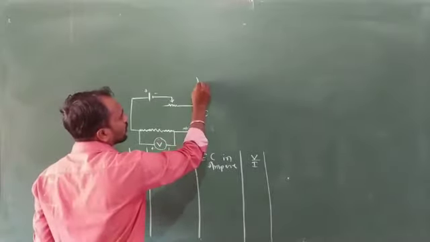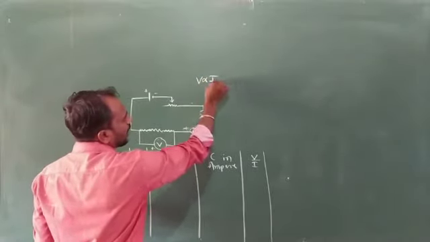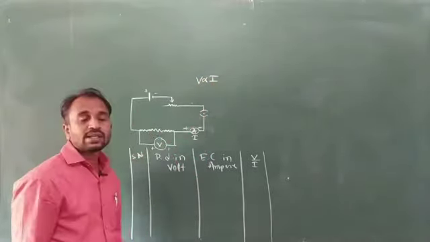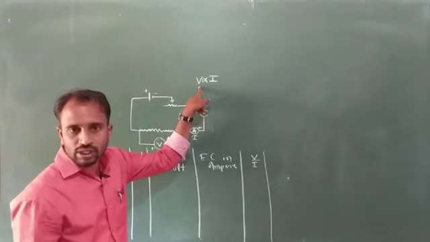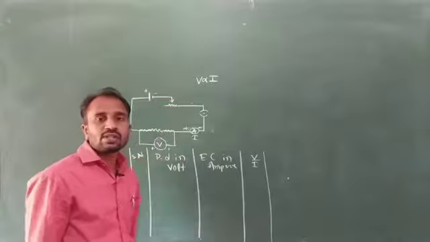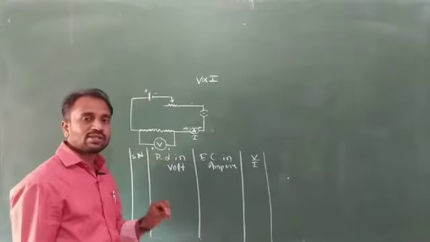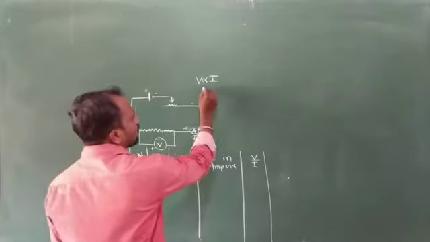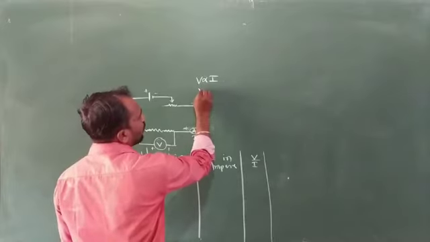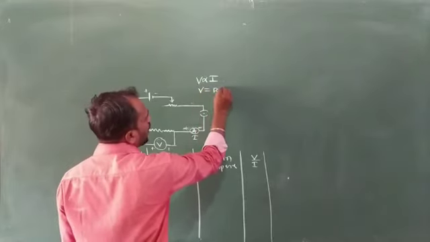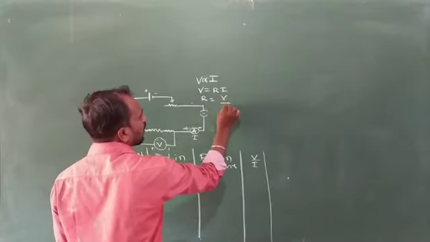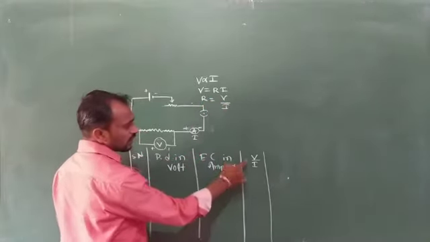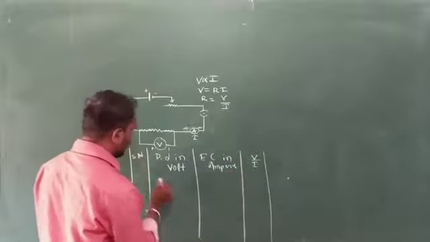Because you already know Ohm's law: the electric current flowing through a conductor is directly proportional to the potential difference across its two ends, provided all physical conditions remain constant, meaning the temperature remains constant. So V is equal to R into I, which means R is equal to V divided by I.